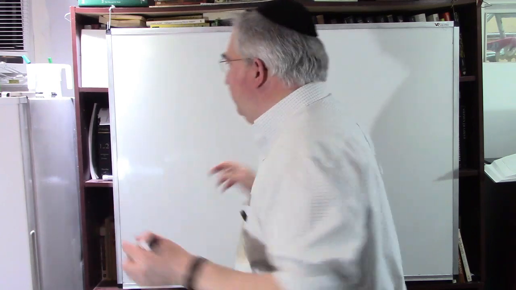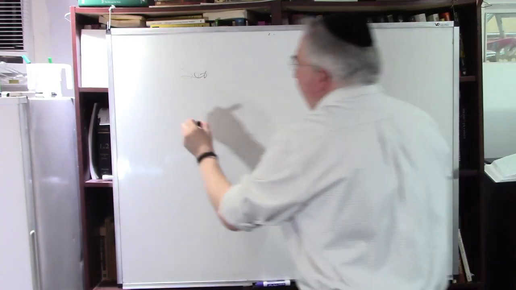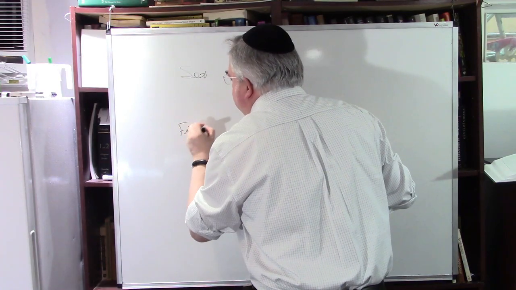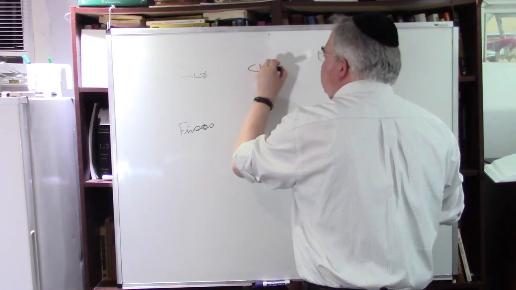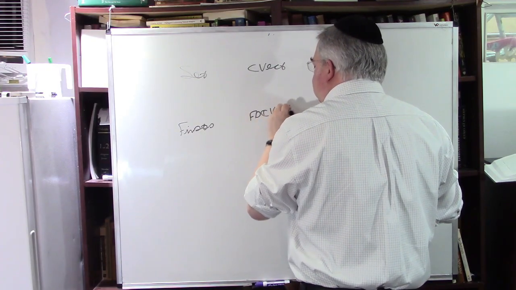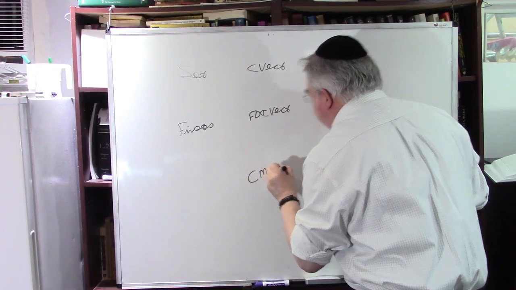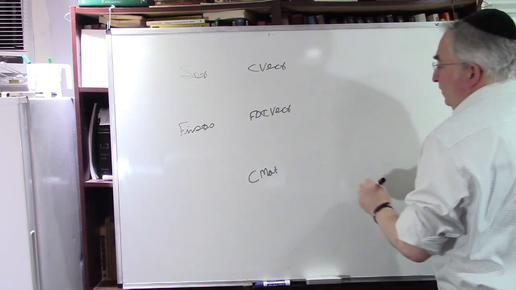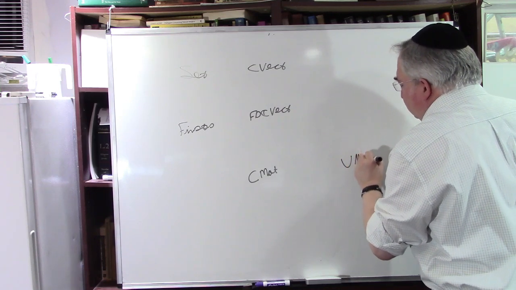when we did section 5, when we did the advanced linear algebra, we had this whole thing: sets and finite sets, and complex vector spaces and finite dimensional complex vector spaces. And then we had complex matrices here, and we had unitary matrices here.